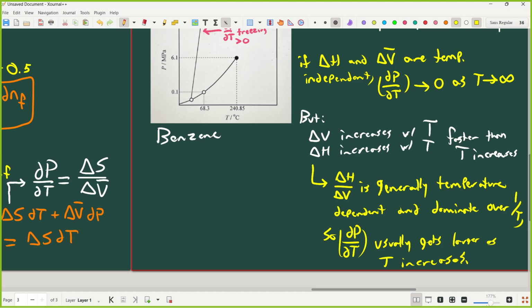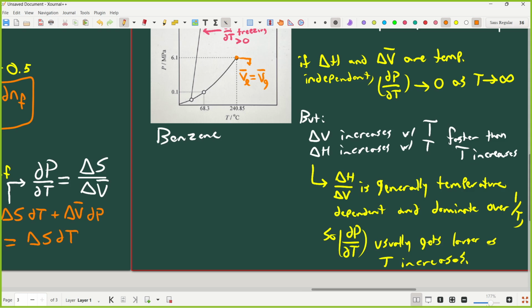Okay, and what's really interesting, we'll look at this more carefully in next class after the break, is that at this point right here, the molar volume of the liquid is equal to the molar volume of the gas.